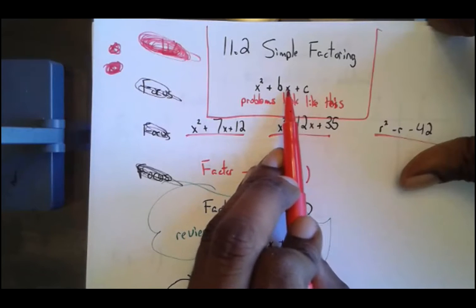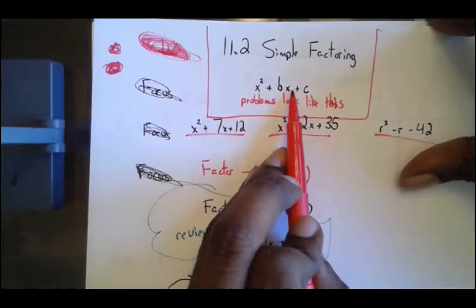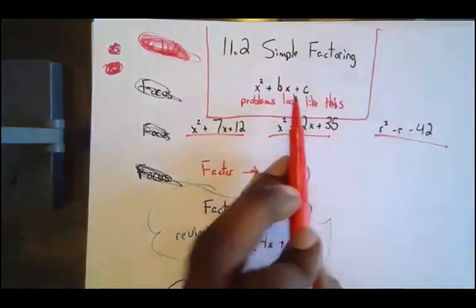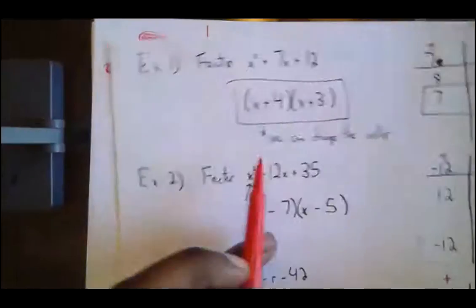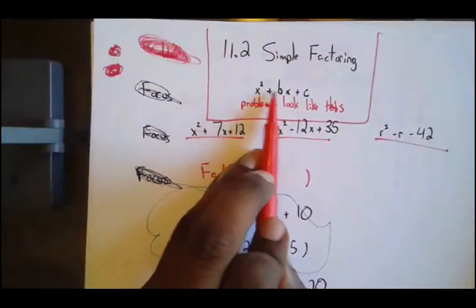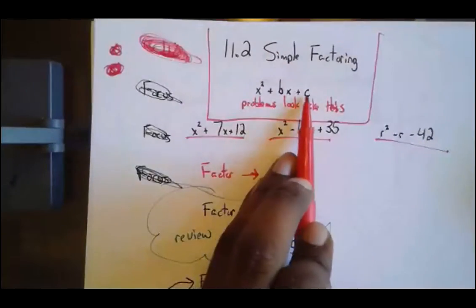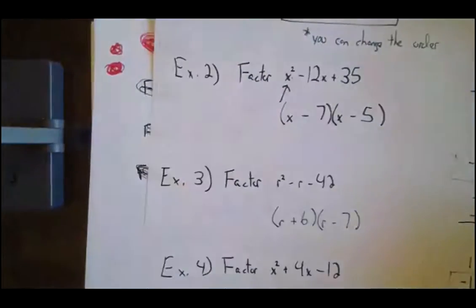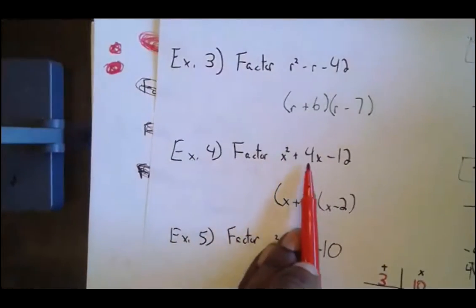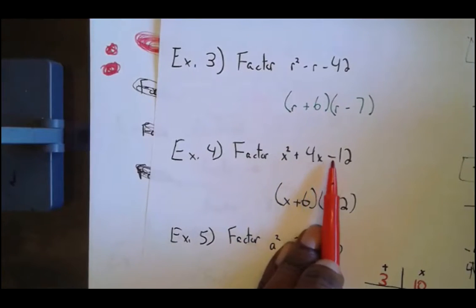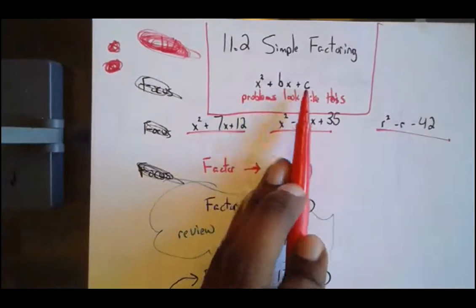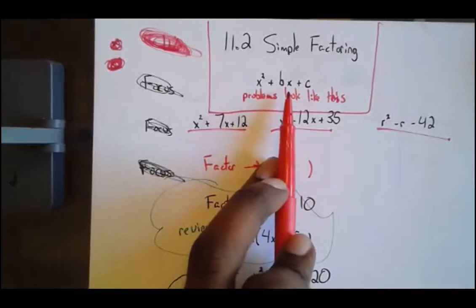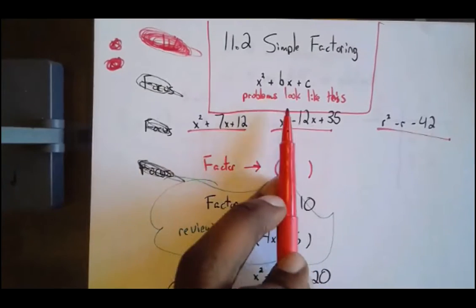All the problems we've done have this format, right? X squared, number x, number. They all look like this. So that's how you know when to use this.